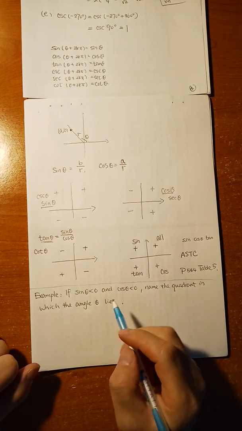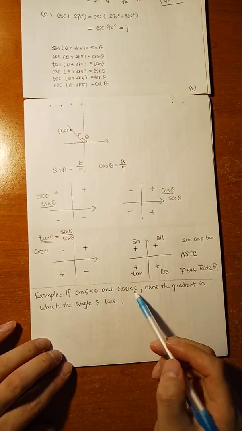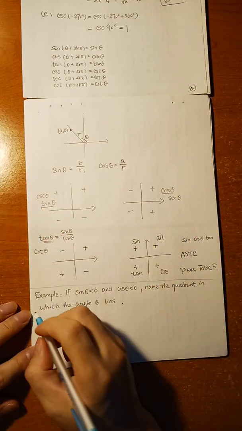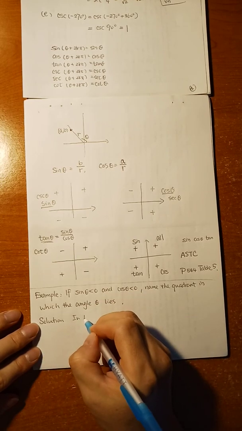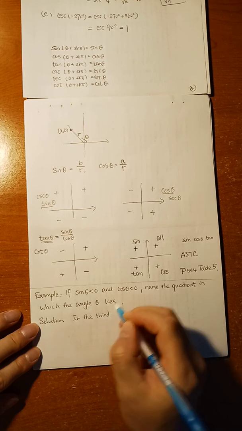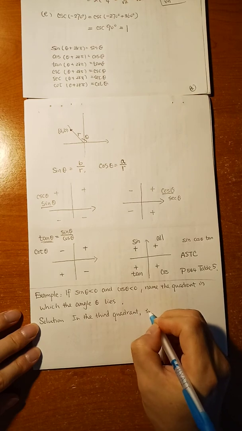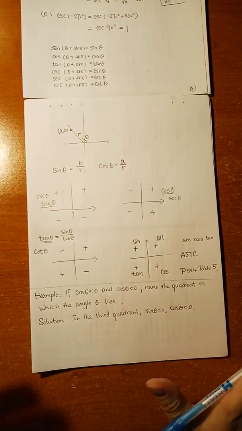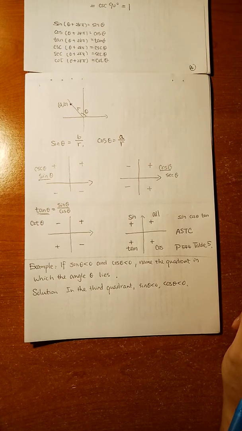Angle theta lies means the terminal side of angle theta lies. Negative, negative. You just check them. Only in the third quadrant are cosine and sine both negative. So in the third quadrant, sine theta is negative, cosine theta is negative, and that's it. That's it. Quadrant 3, or the third quadrant, right?